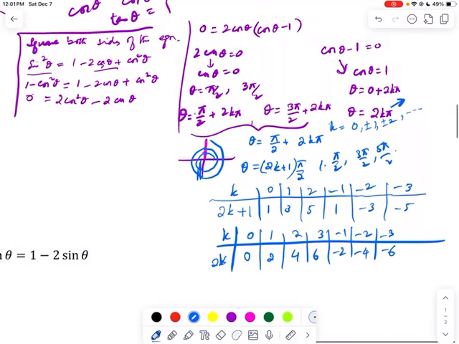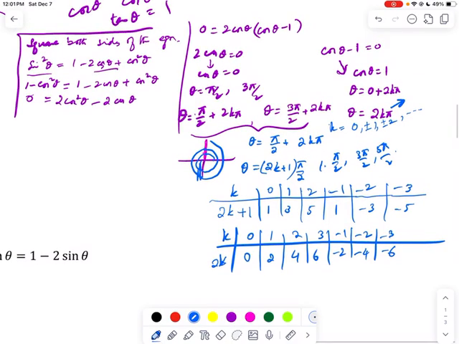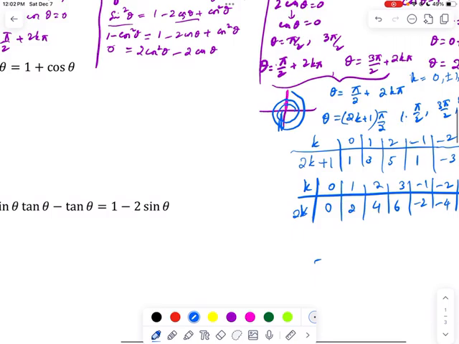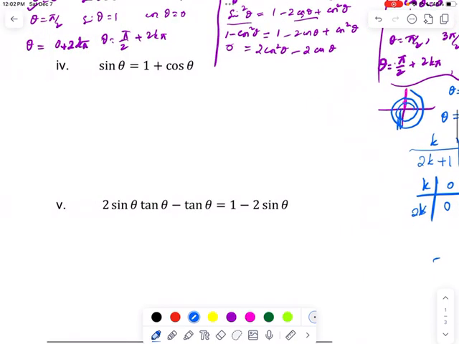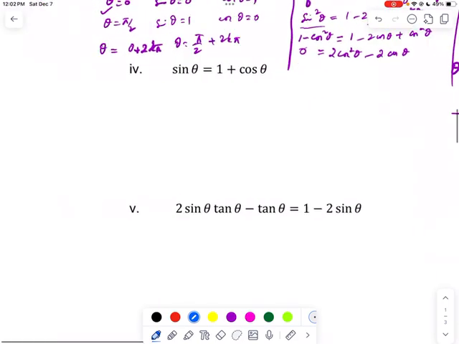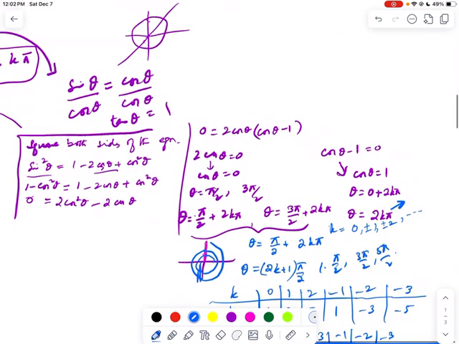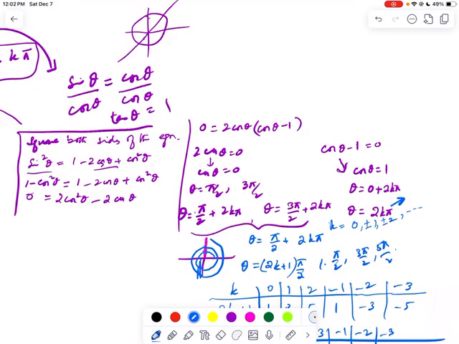So I will write the final answer. In this example, the final answer would be theta is equal to 2k pi, or theta is equal to 2k plus 1 pi over 2.